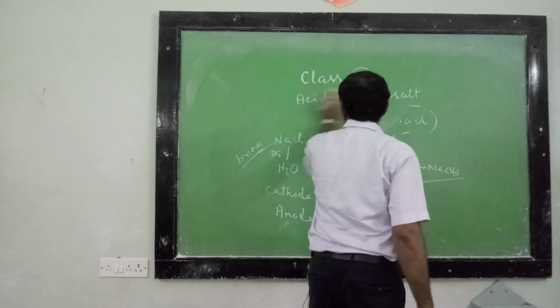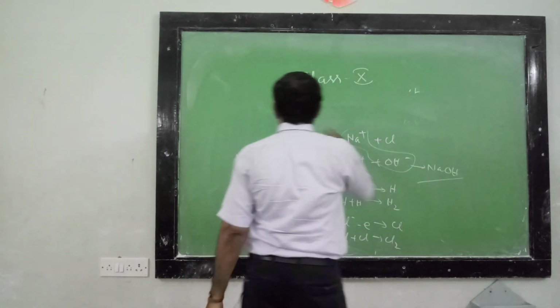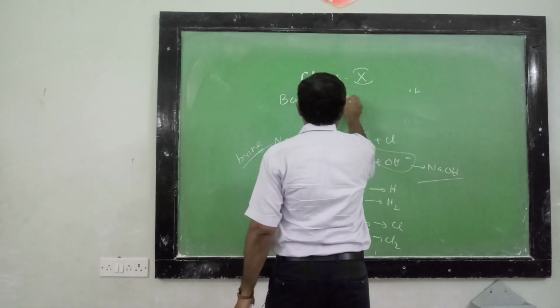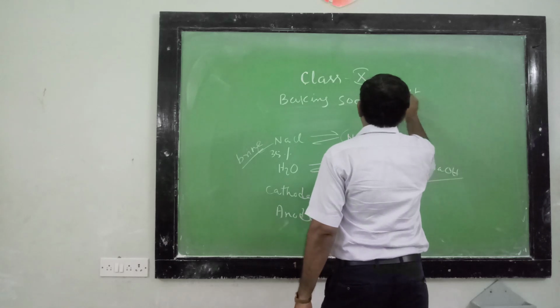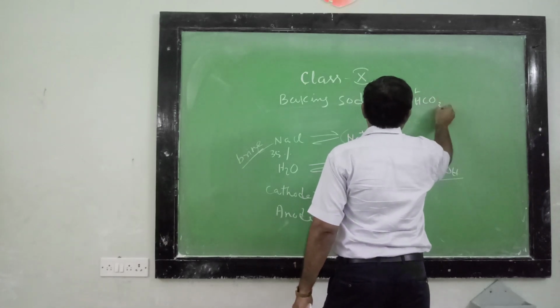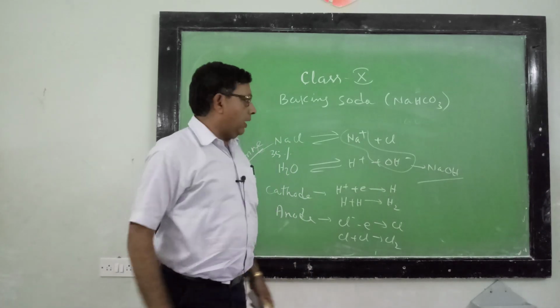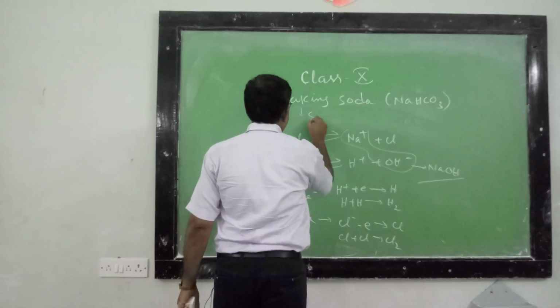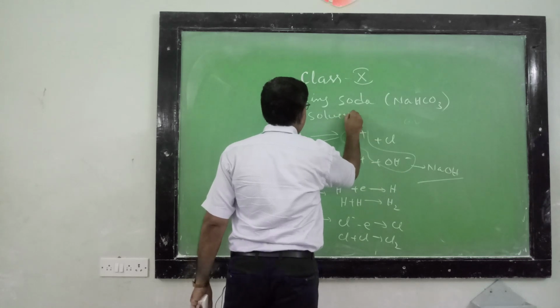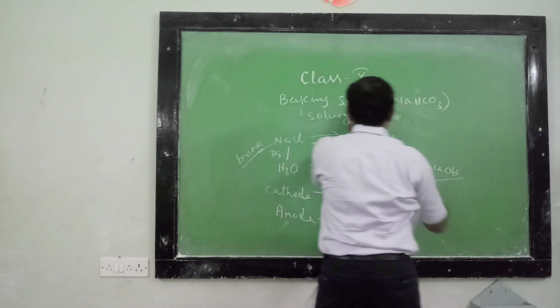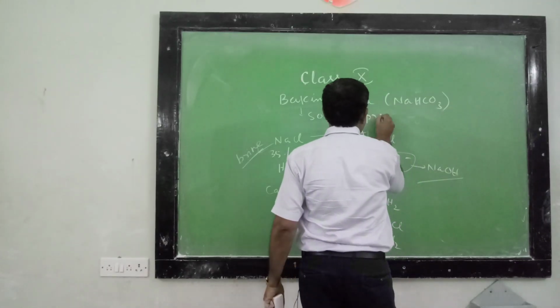Another use of common salt is to prepare baking soda. What is the formula of baking soda? NaHCO3, sodium bicarbonate. Baking soda is prepared by the process known as the Solvay process.